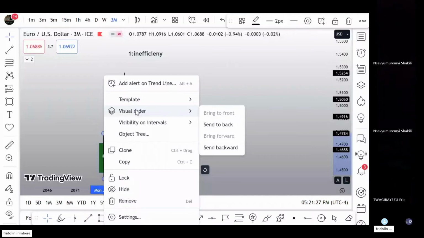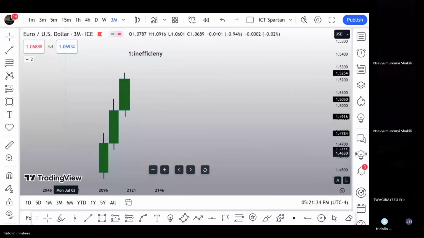So hano rero niho lesson itangurira. Ni ukuvuga iki? Just find open, kuvuga open here.